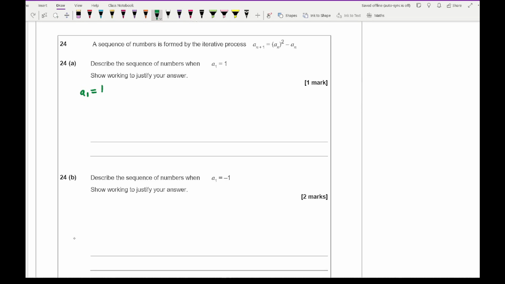So a1 equals 1, then a2 is going to be the previous answer squared, take away the previous answer. So that's going to give me 0. Then a3 is going to be 0 squared minus 0, which is 0. a4 is going to be 0 squared minus 0 equals 0. So describing the sequence, they're all zeros.